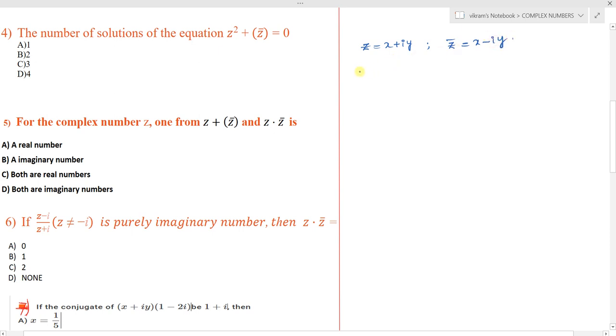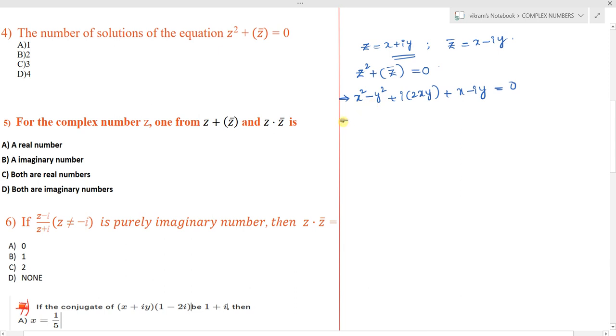This is the condition given. If we square x plus iy, we get x square minus y square plus i times 2xy, and the z conjugate is x minus iy, equals 0.